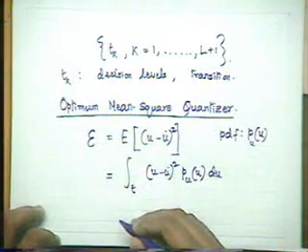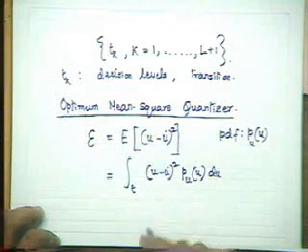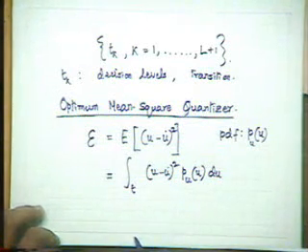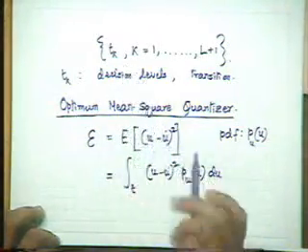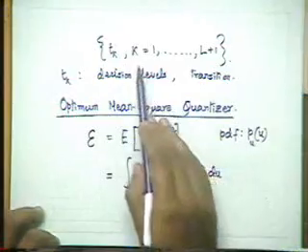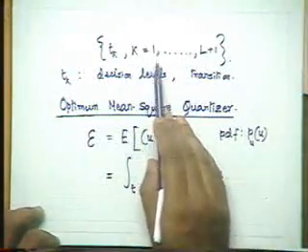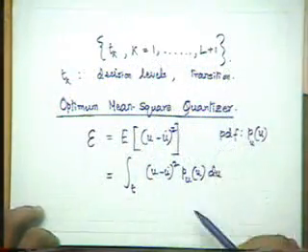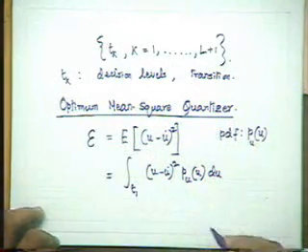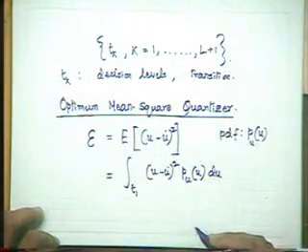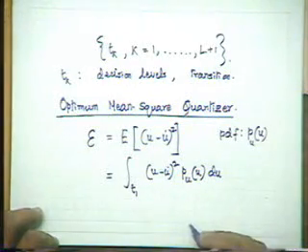What? Can anybody tell me the limits of integration? I have already defined my decision levels. The decision levels are Tk, k equal to 1 to L plus 1. Correct? So my limits of integration will be T1 to T of L plus 1.